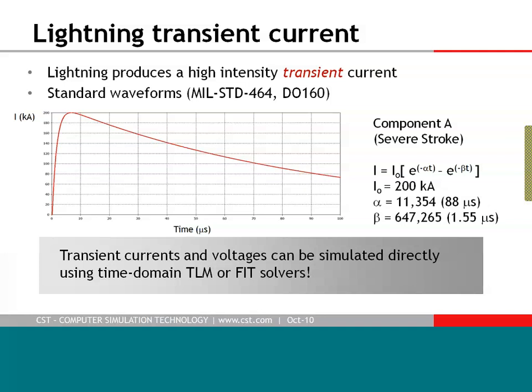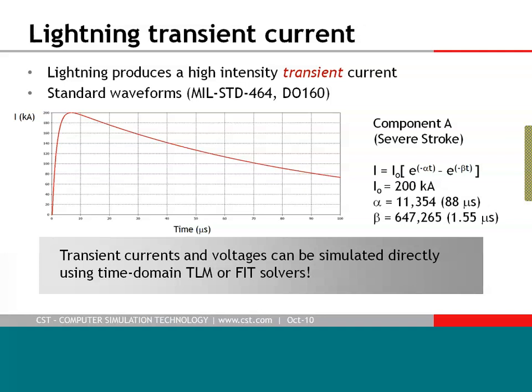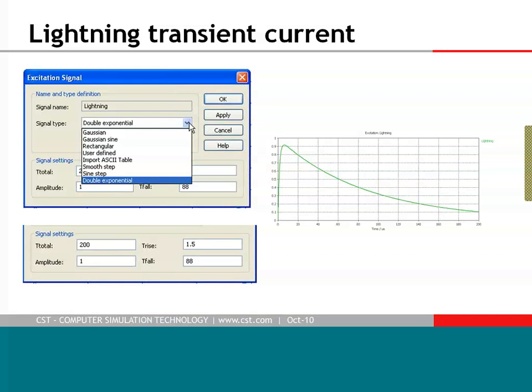And we have already discussed that we might easily represent that with a double exponential. CST tools provide a library of different signals, and the double exponential is one of them. You can even import ASCII tables, if your signal is coming from measurement and so on.